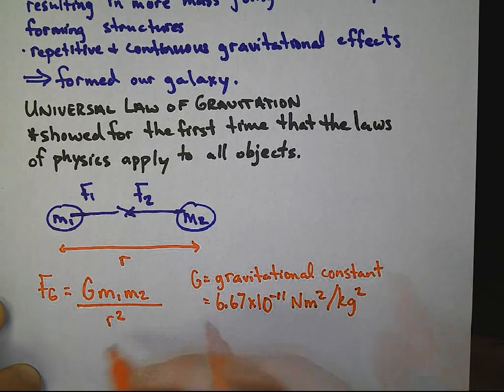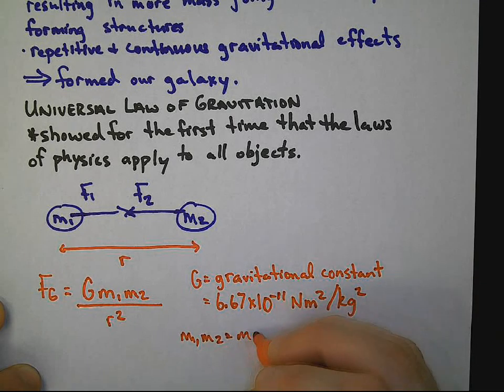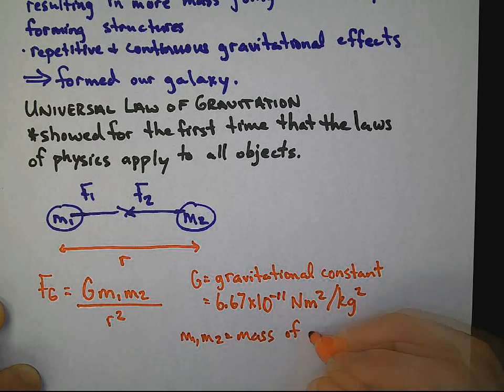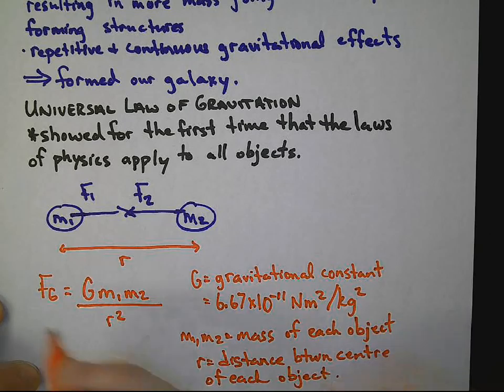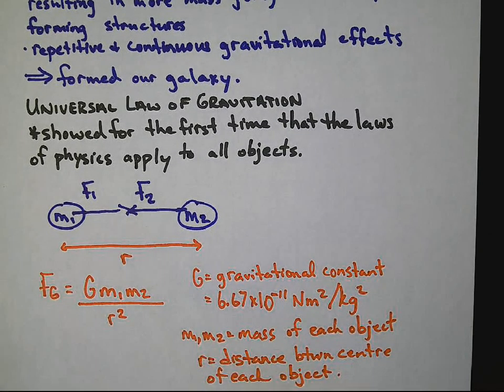And M1, M2 is the mass of each object, and R is the distance between the centers of each object. And we were able to calculate this universal force of gravity, this force of attraction between two objects, relatively easily following this equation here.